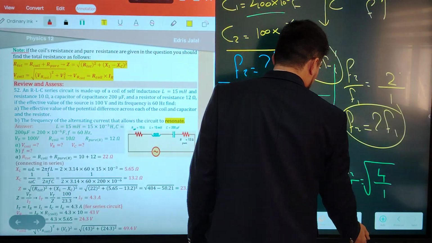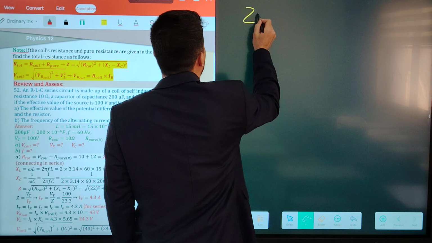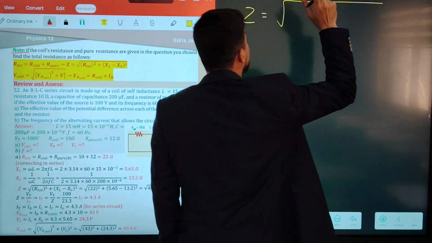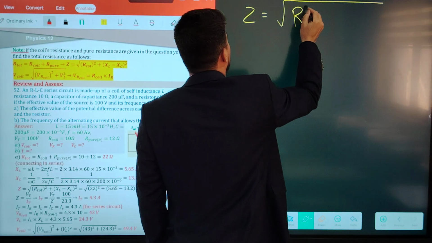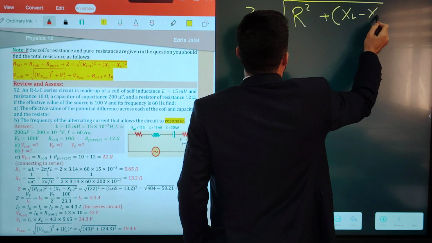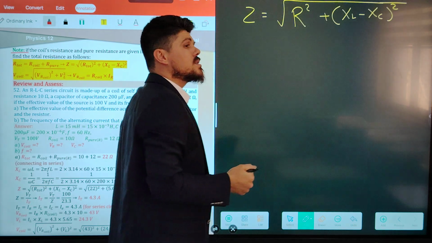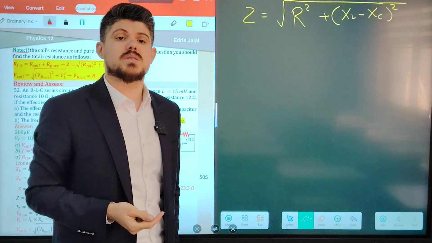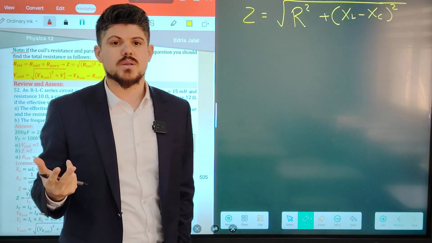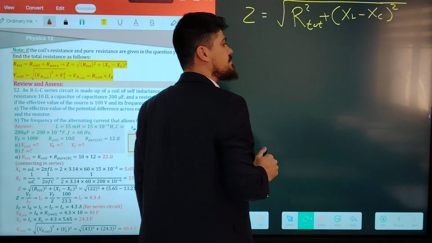If you remember in RLC series connection, we studied that the total impedance is equal to radical R squared plus (XL minus XC) squared. What is this R? Is it the pure resistance or the resistance of the coil? This is both.